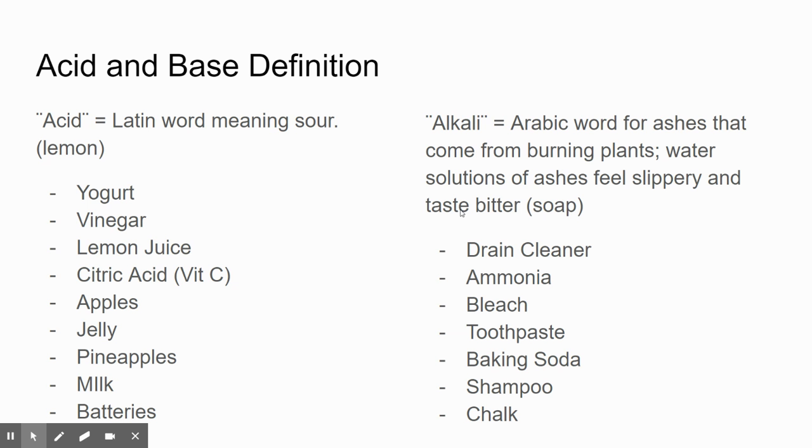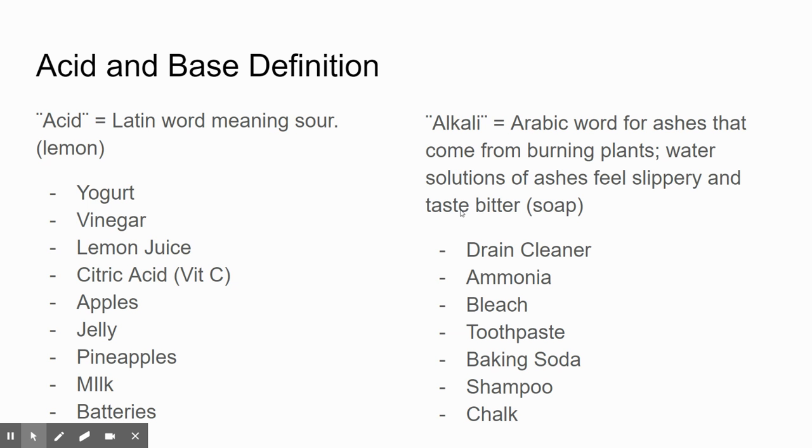Things that are alkali are drain cleaner, ammonia, bleach, toothpaste, baking soda, shampoo, chalk. As for how soap was discovered, and I don't know if it's true or not, this is the story I've been told: people were washing their clothes in the river, and when they wrung them out, they got this foamy stuff coming out, and the clothes got cleaner.